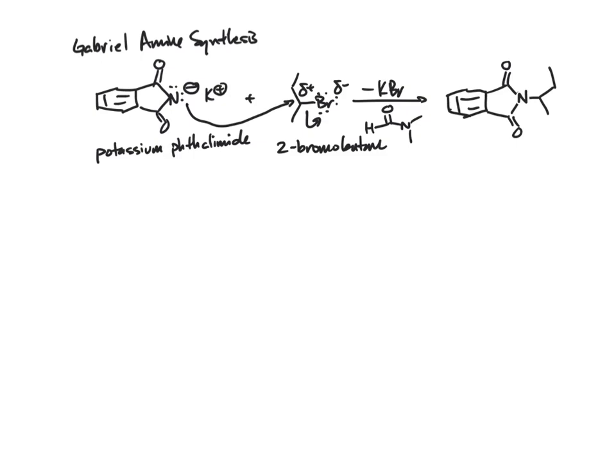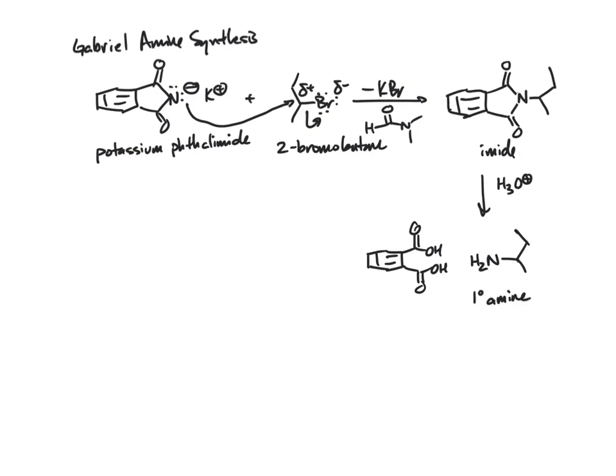The functional group is still called an imide. At this point, what you have to do is remove it, either with acid. That's going to free up the nitrogen. This other thing is just the byproduct that you get from it. So that gets you your primary amine.